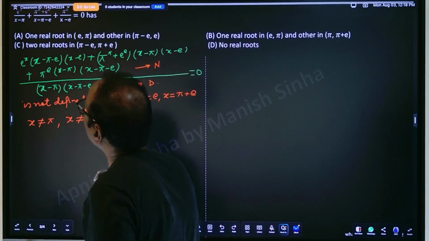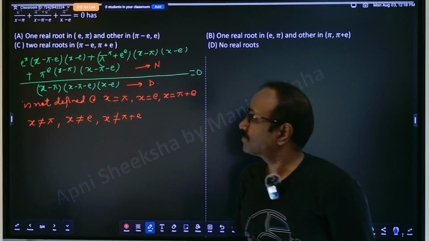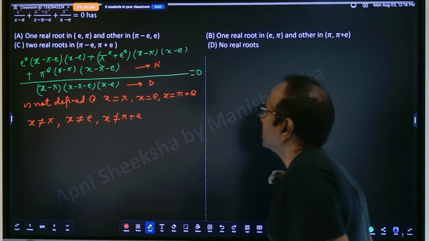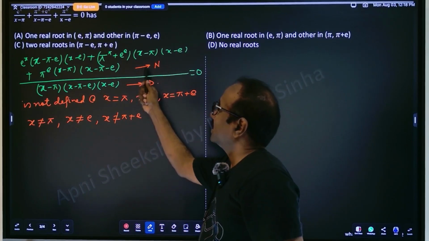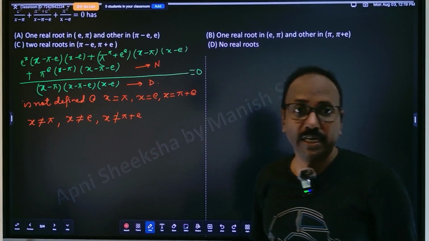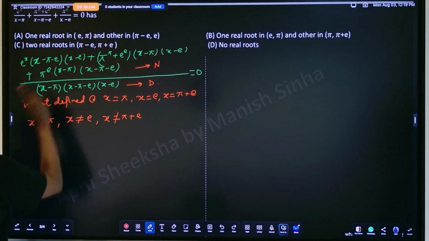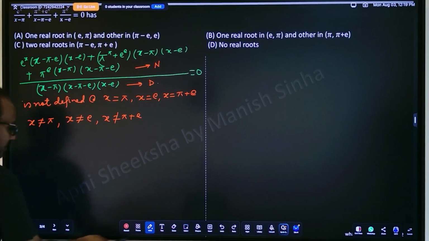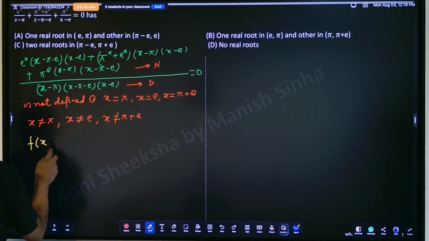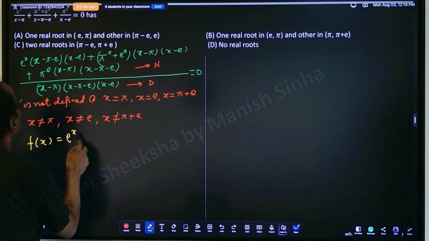So then how to get the real root of this equation? Now this is the challenge. So can we do one thing? This entire equation will be 0 when your numerator is 0, right? So can we give a name to the numerator as a function of x?